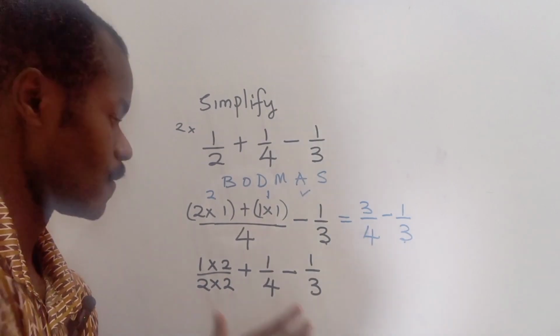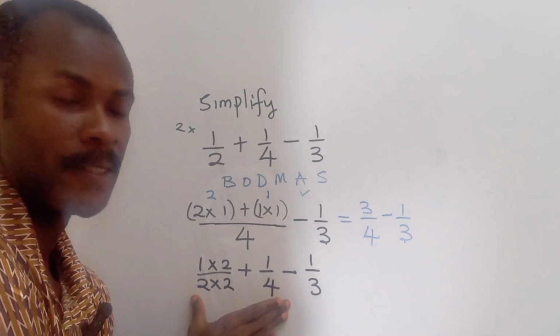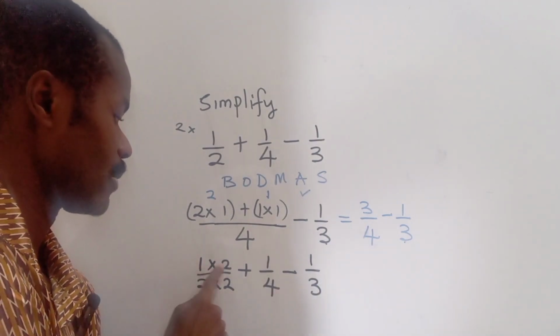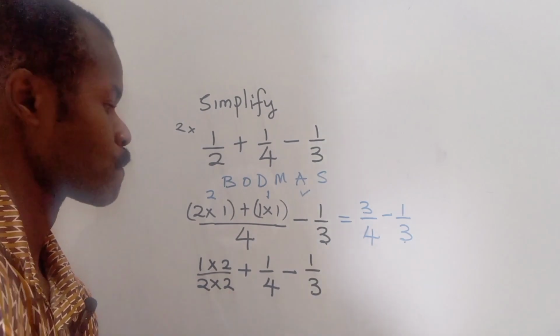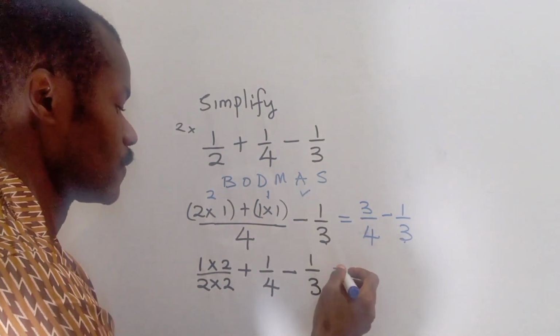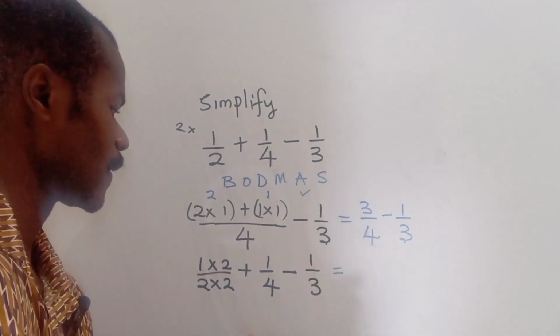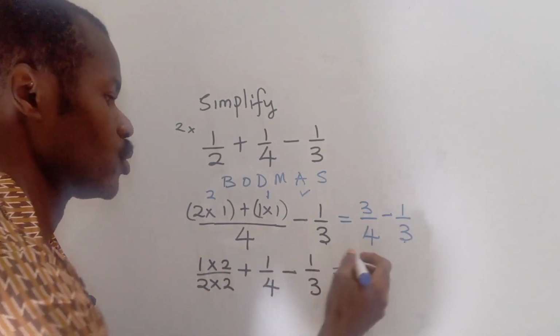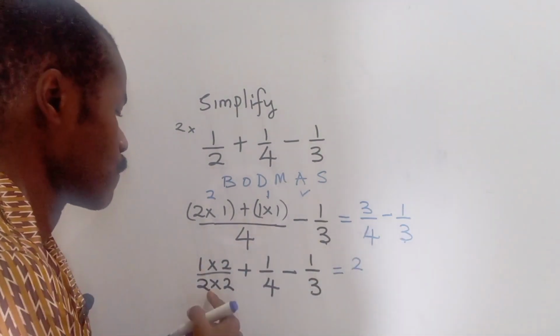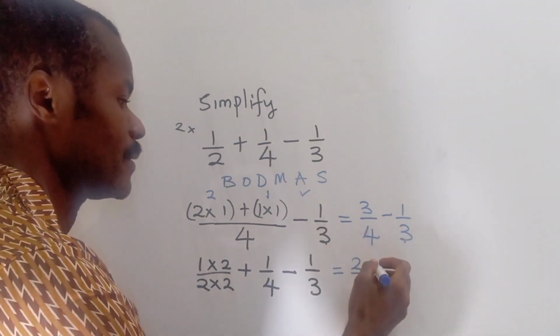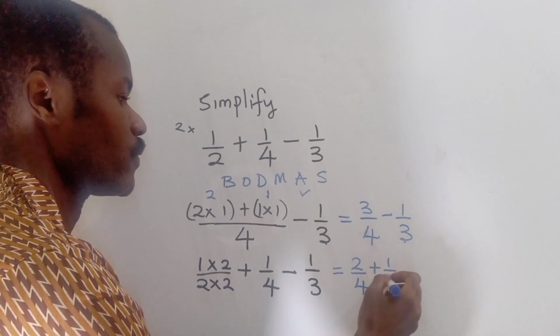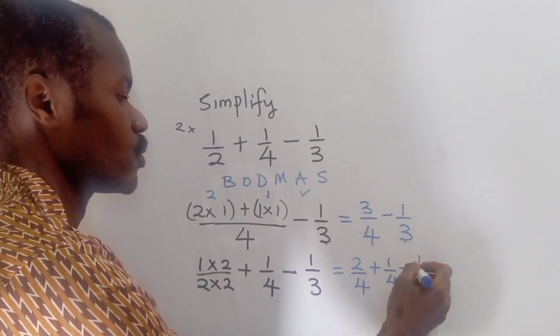This method is called equal denominator. So 1 times 2 is 2, and 2 times 2 is 4. So we have 2 over 4 plus 1 over 4 minus 1 over 3.